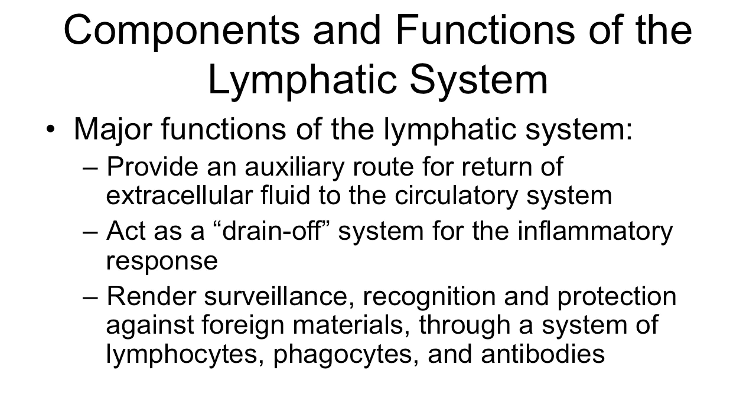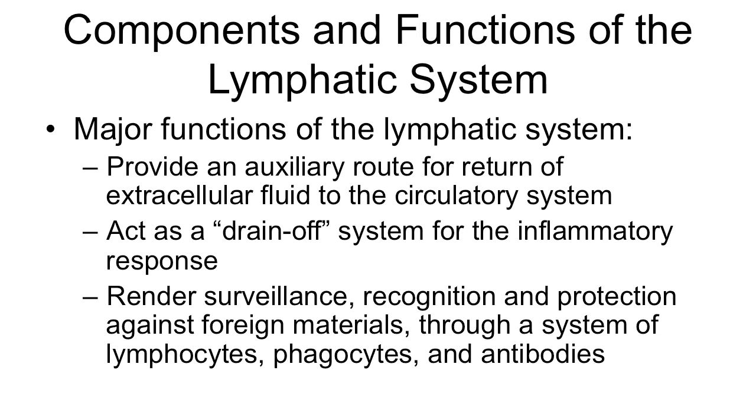These provide a major function of testing these different tissues for foreign invaders and alerting the immune system about them. So they have an auxiliary route to return the extracellular fluid into the circulatory system, and it serves as a drain-off system for the inflammatory molecules.